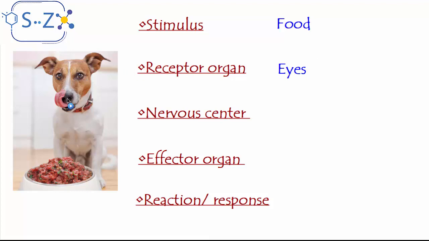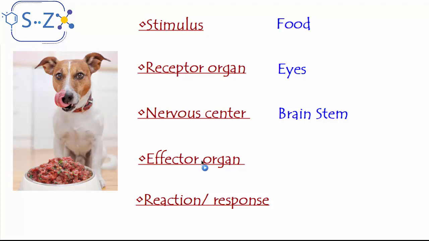In case it's the smell from another room, for example, it smelled the food, the receptor organ are the receptors in the nose, the olfactory receptors. And in this case also the nervous center is the brain stem, since the optic nerve, or if it smelled the food, the olfactory nerve, are found in the head, and the brain stem will receive the message from the sensory nerves.